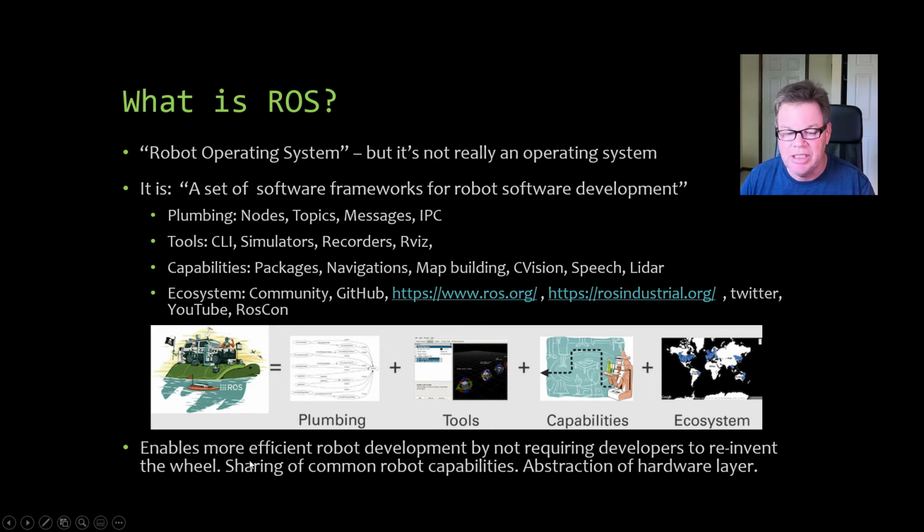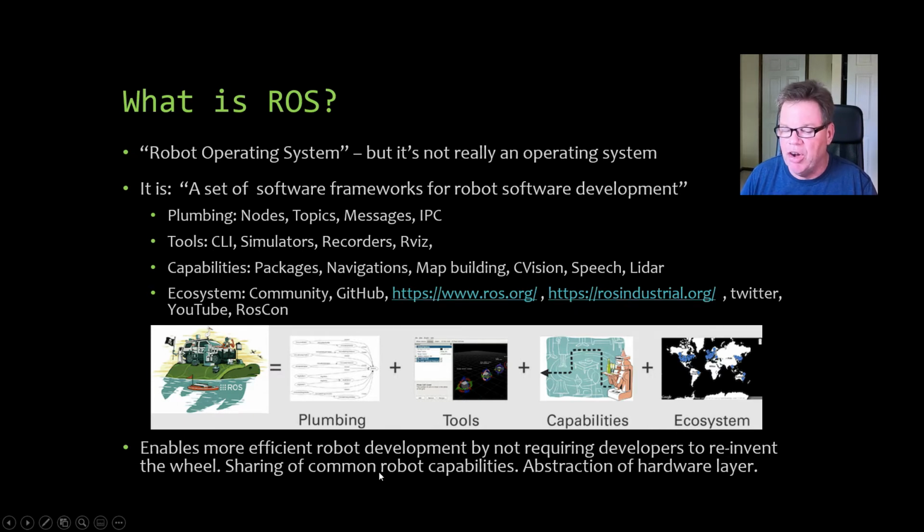And the reason for ROS: it enables more efficient robot development by not requiring developers to reinvent the wheel. A big problem at the start of developing robots was everyone had to work out how to make the robot move, do simple things like use cameras, use LiDAR, so a lot of that repeated code isn't needed anymore.